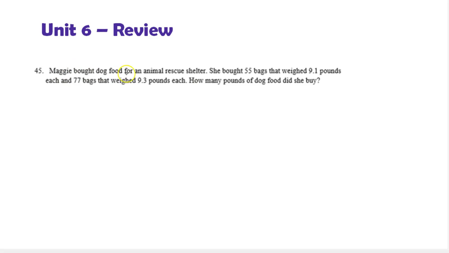Maggie bought food for an animal rescue shelter. She bought 55 bags that weighed 9.1 pounds each and 77 bags that weighed 9.3 pounds each. How many pounds of dog food did she buy? Okay, so let's think about this. So first, 55 bags at 9.1 pounds per bag.